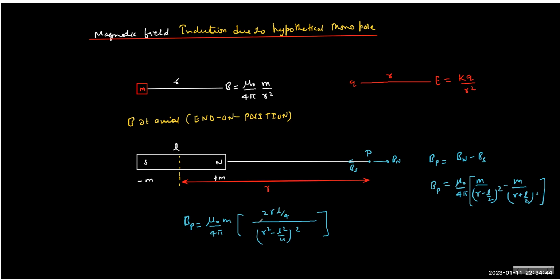So how much is this? 4 L by 4 AB. Okay. So the answer you can see.